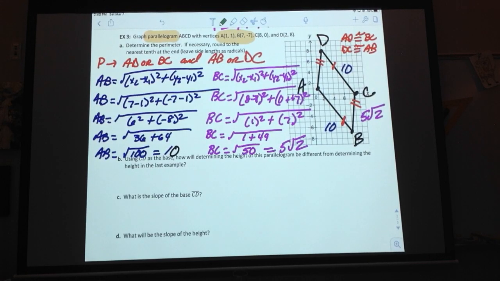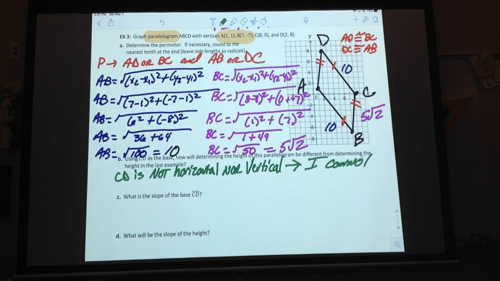So, okay. Well, since CD is not horizontal nor vertical, what is different about it is I cannot simply draw the height in.